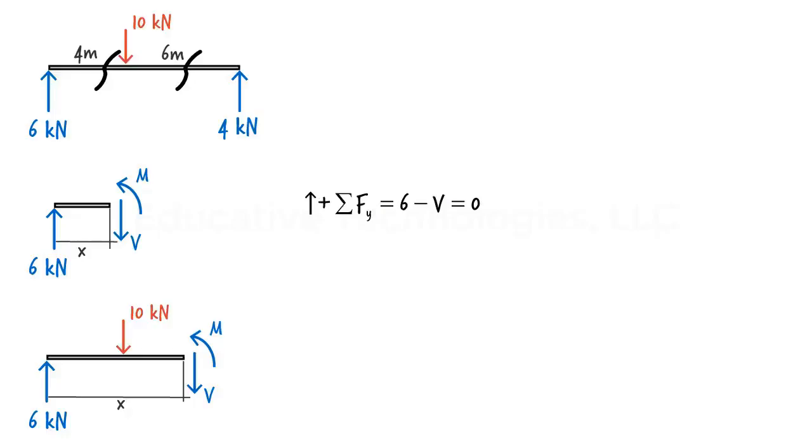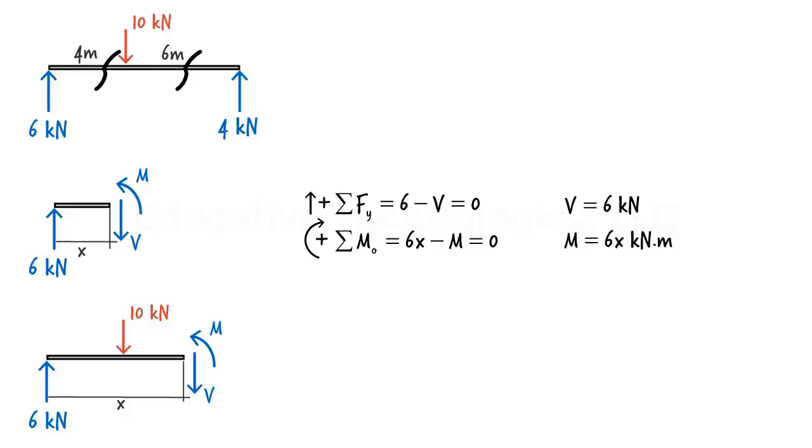For the sum of the moments about point O, the cut point, we get 6x minus M equals 0. Solving the first equation for V, we get V equals 6. Solving the second equation for M, we get M equals 6x. Since these equations are written for segment AB, they are valid only for x between 0 and 4.